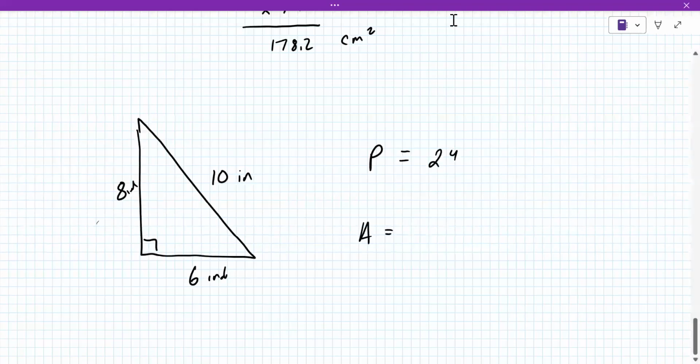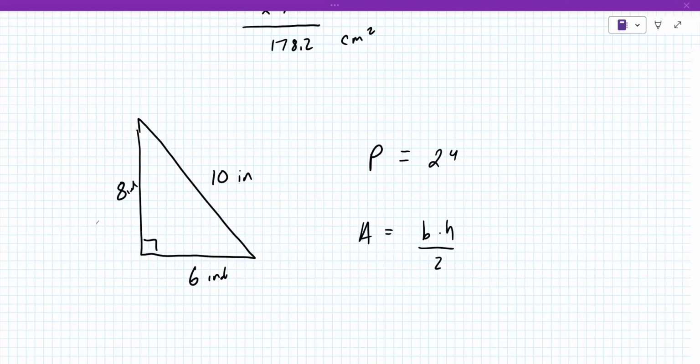Okay. Now give me the area. Do you remember the formula for the area of a triangle? Would it still be base times height? It's base times height, but then you divide by 2. Okay.